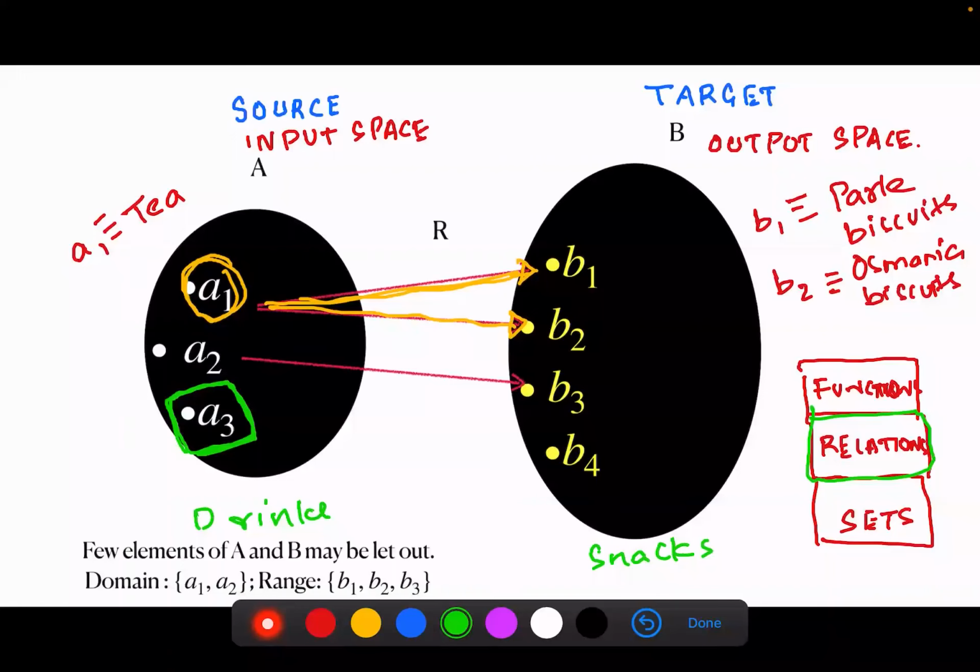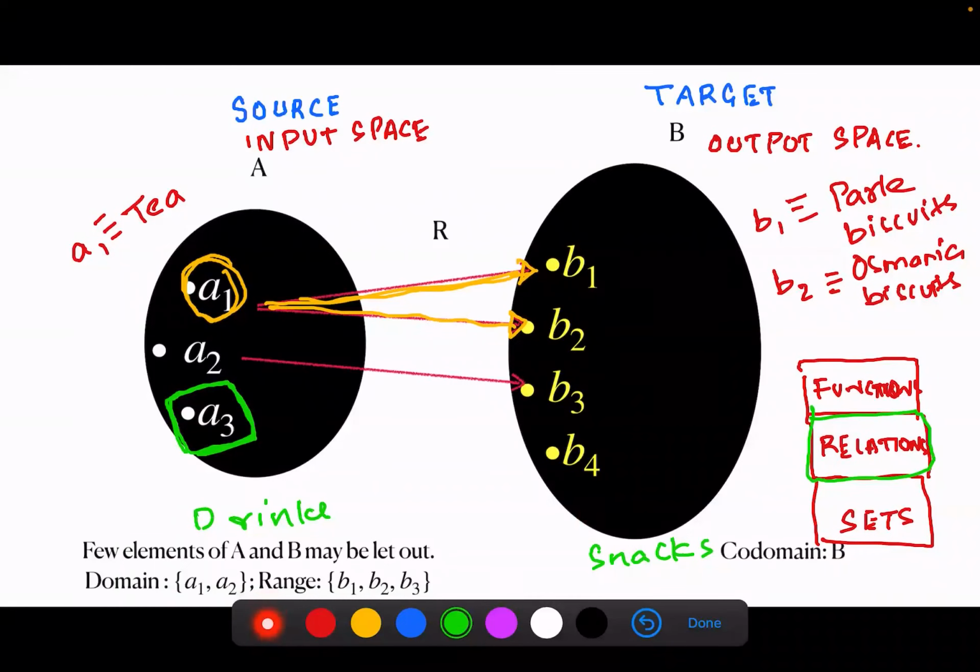Now, codomain is very simple actually. Codomain is all the elements in your target set, whether they are connected or not, it doesn't matter. So all of this: B1, B2, B3, B4. You can imagine, maybe I will put some examples.